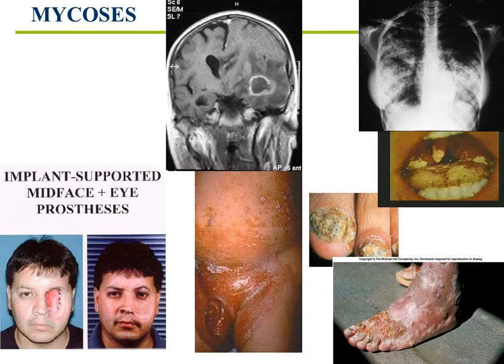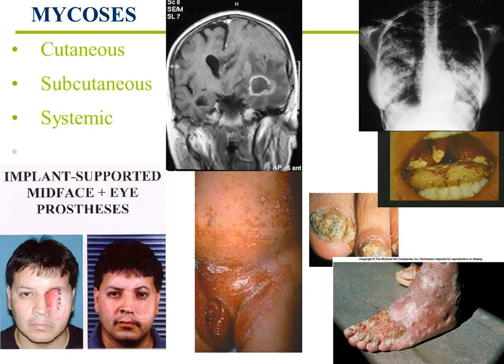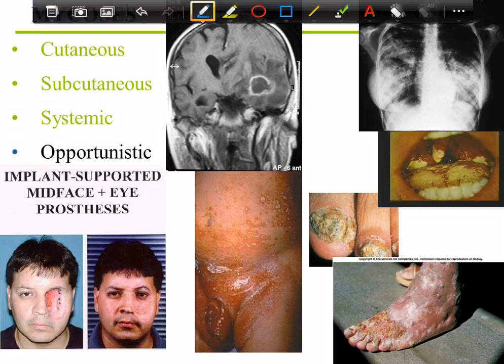Okay, so fungal infections. I've got a variety that you can see here. Cutaneous infection, you see right here. There's a ringworm of the nail, really hard to get rid of.